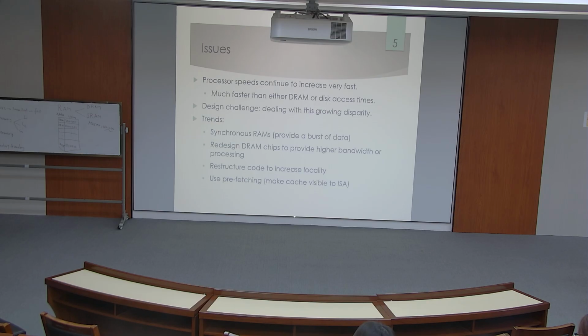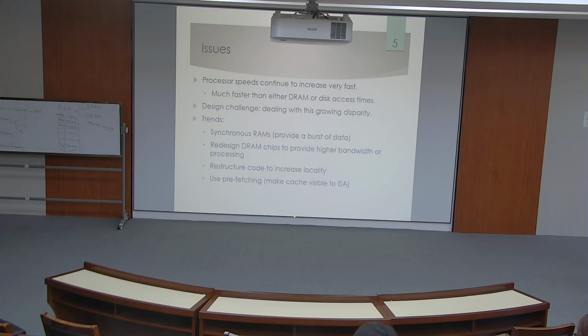We have the processor, the central processing unit, which has a speed that continues to increase very fast, which means that the processor is improving very fast. But we know that the memory access time does not improve at the same speed as the CPU's speed. That means that there are some challenges linked with designing the memory.